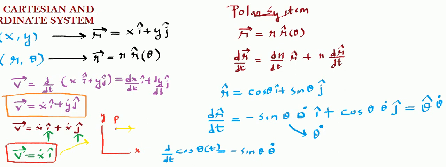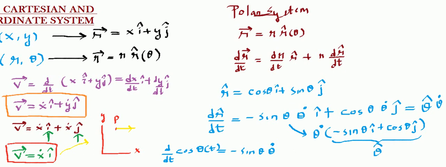If you take theta dot common, then you are left with minus sin theta in the i cap direction plus cos theta in the j cap direction. In the next video, I will tell how this quantity is theta cap.